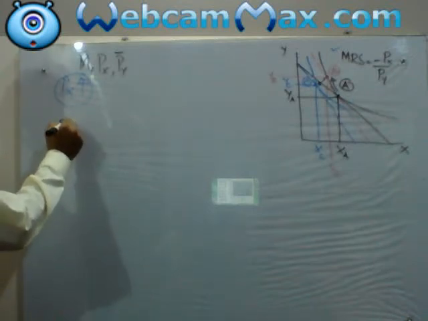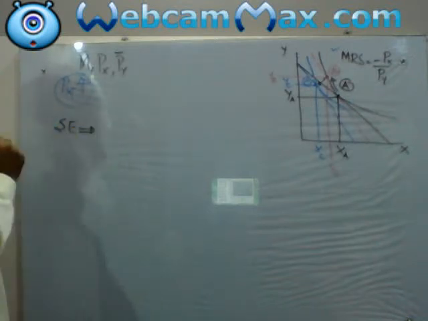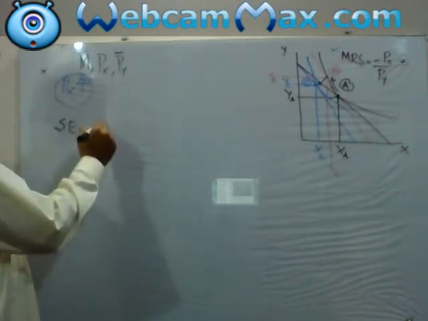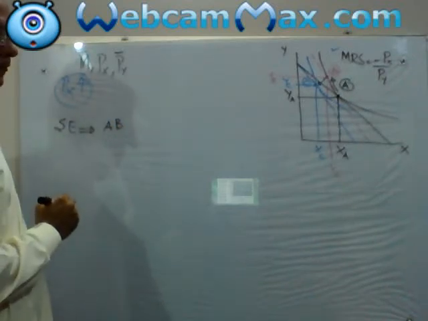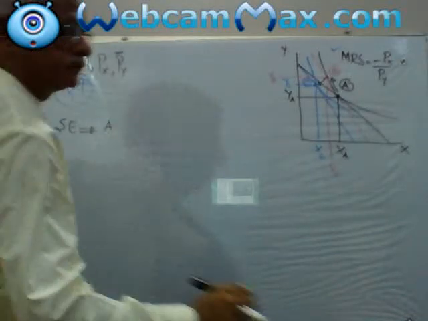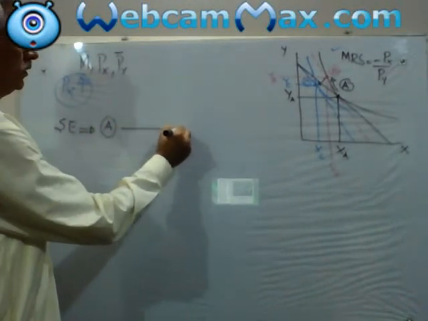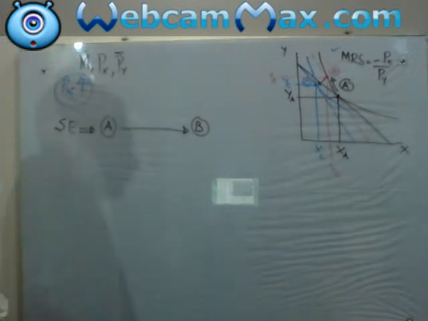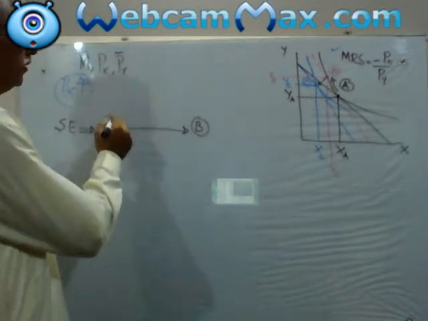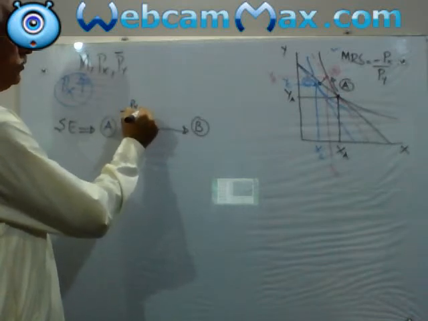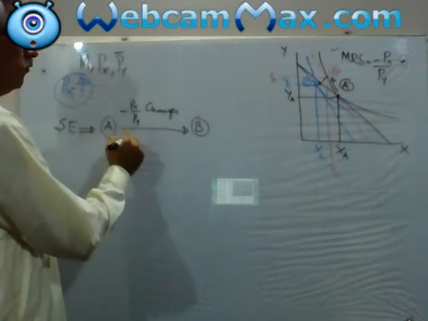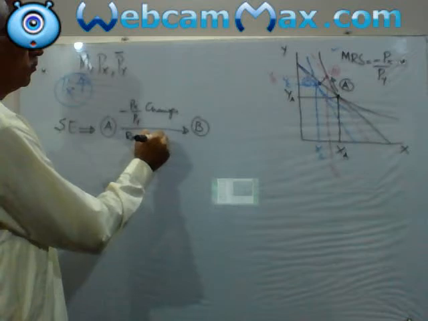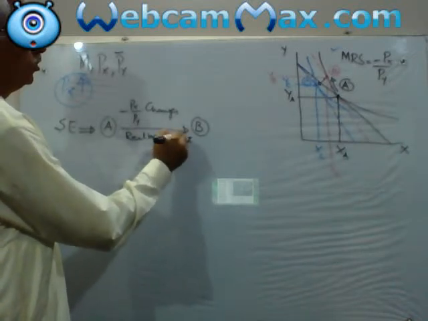Substitution effect implies movement from A to B, and this movement is with the condition that Px over Py changes while real income is constant.